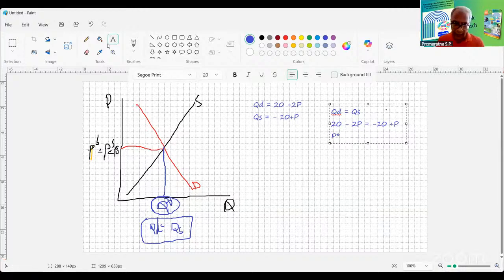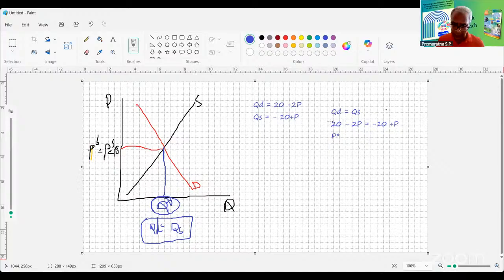But we need the equilibrium price here. What do we get? I think everybody can do it.